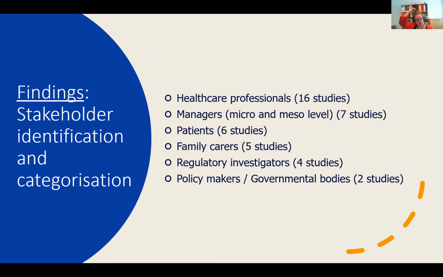But as you can see, I've chosen to group them together in fairly broad categories here in the first instance, while of course acknowledging that there is a great variation within the groups, not least within healthcare professionals, according to professions or clinical settings where they work. Obviously, different types of patients, groups of patients, different types of managers in terms of the system level where they work, or type of ward and service that they manage, and so on. But these are the large categories of stakeholders.